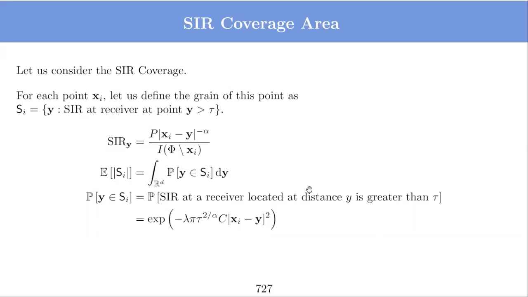Remember, in the ad hoc case, if I take a point y and this transmitter is located at distance r, and there are Poisson interferers, then the probability that the SIR from this transmitter is more than tau is given by exponential of minus lambda pi tau to the power 2 over alpha times C, which is the path loss gain, times r to the power alpha. Here I have taken alpha equal to 2, but it can be any alpha.